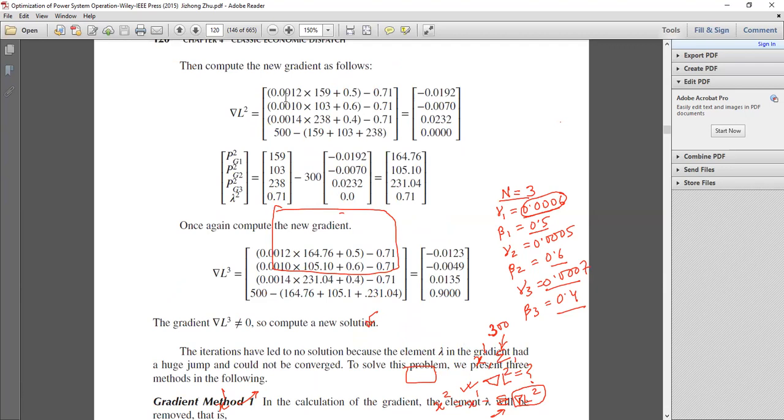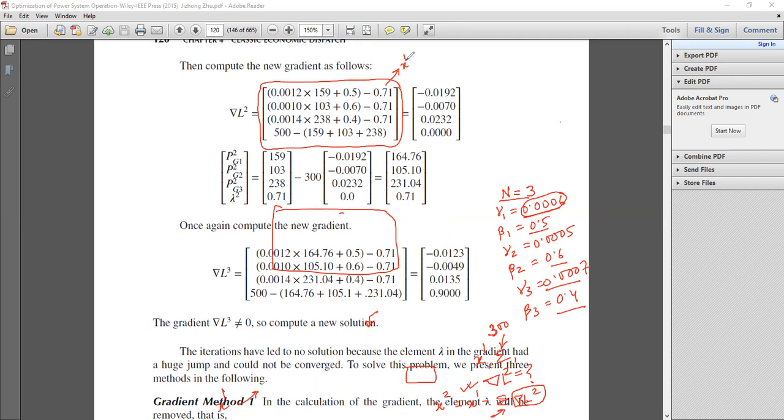So this is del L2, and these are nothing but gamma PG1 plus beta 1, gamma PG2 plus beta 2, gamma PG3 plus beta 3, minus lambda 1, lambda 1, lambda 1. And this one is the demand minus the updated PG values. You have to take care of these things. Here you are using updated PG values, PG1 1, so the whole thing is evaluated at x1.